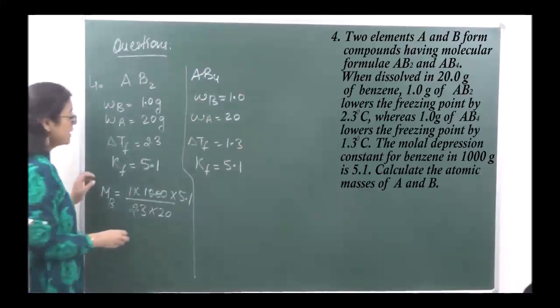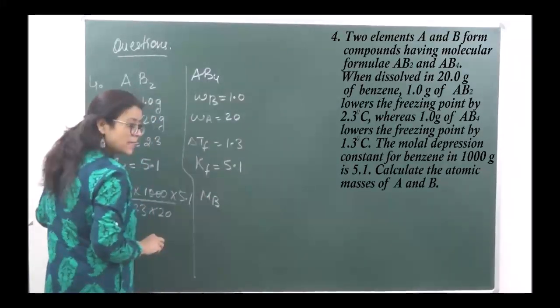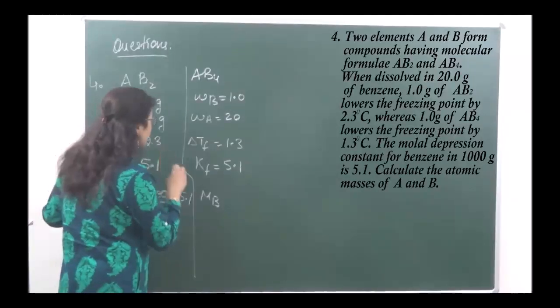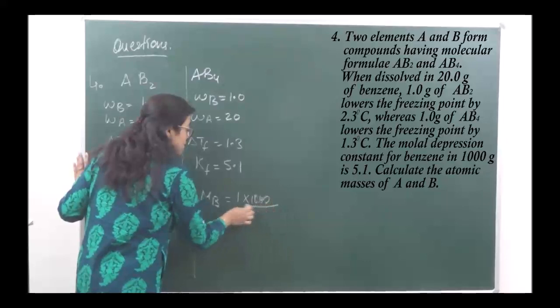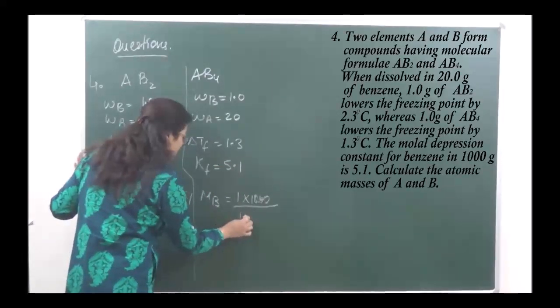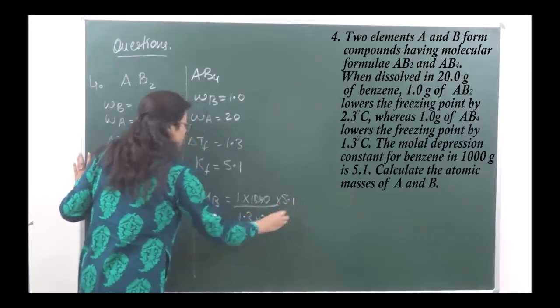Similarly, MB for AB4 will become 1 into 1000 upon 1.3 into 20 into 5.1.